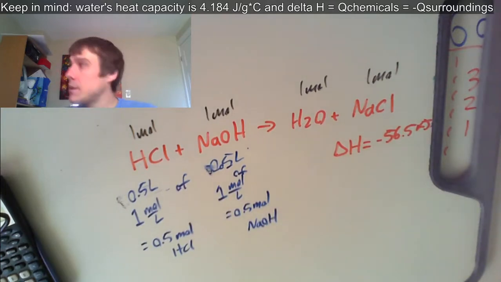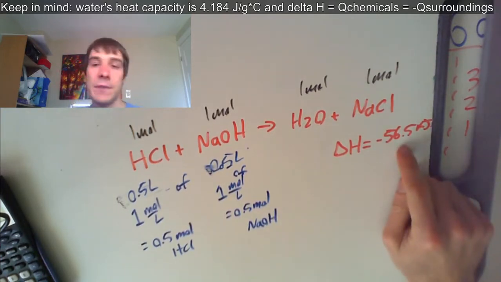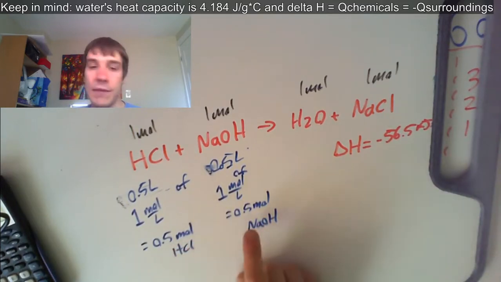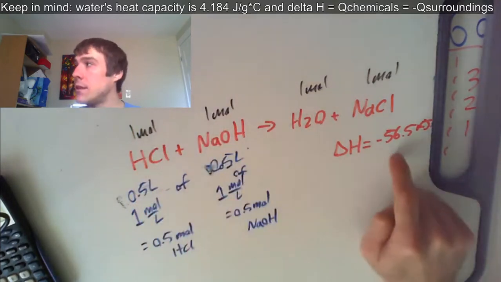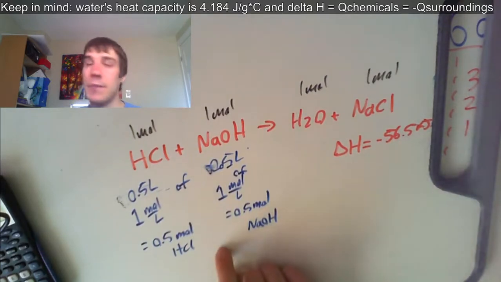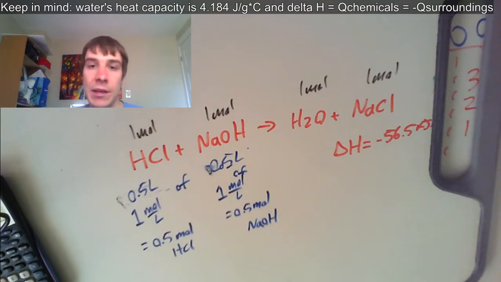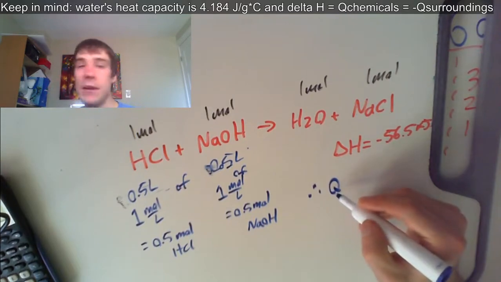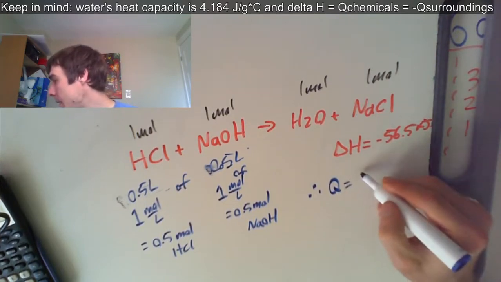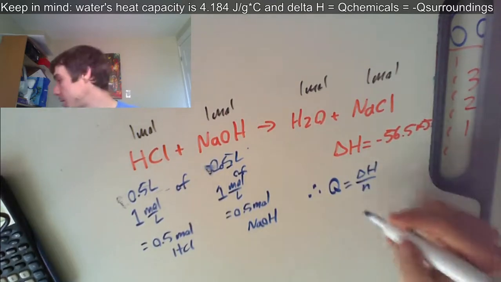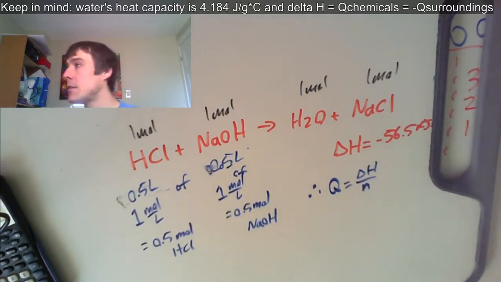So we are not going to release 56.5 kilojoules because we only have half a mole of each of these, not the 1 mole that the minus 56.5 assumes. We only have half of that amount. If we have half of that amount, we must release half that much energy. Therefore, the Q of these chemicals is going to be delta H times N, N being the number of moles of reaction we can do.